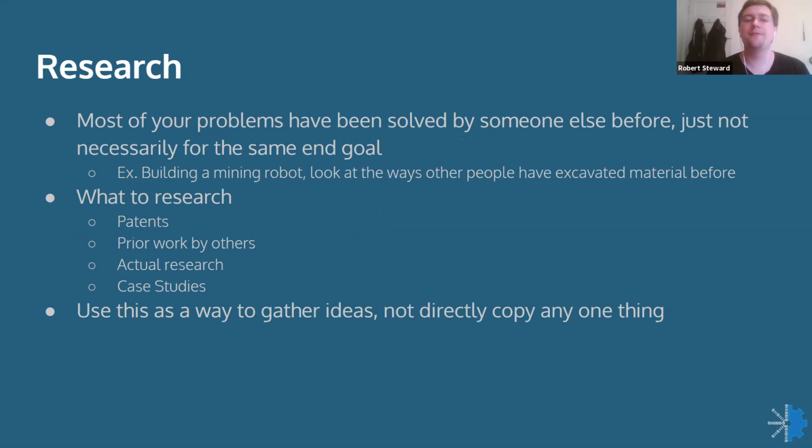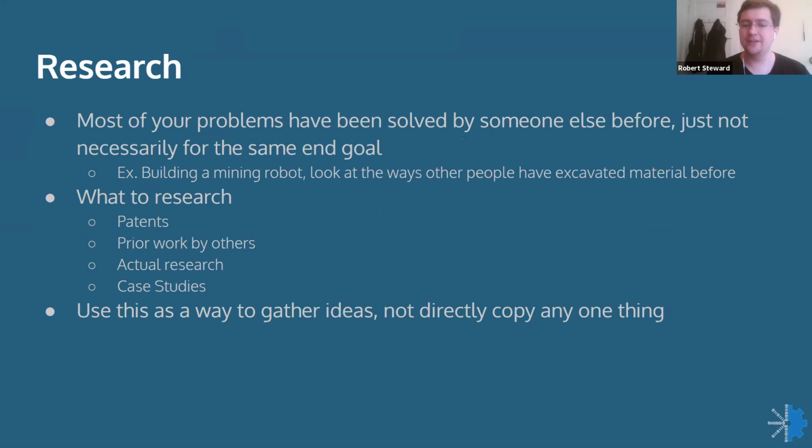Once you've gone through a couple of these solutions, you'll start to do research on each of them. There are plenty of ways to find different research, like looking at patents, looking at actual research studies, case studies, prior work by other people who have done similar things.